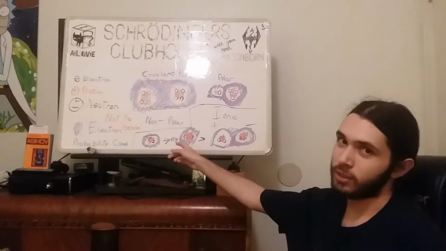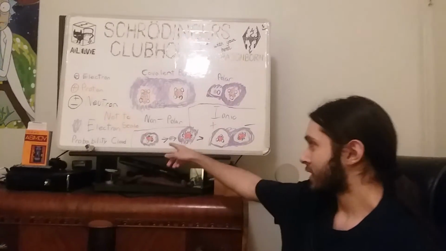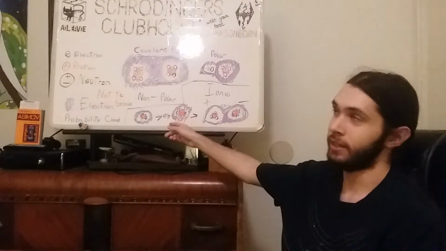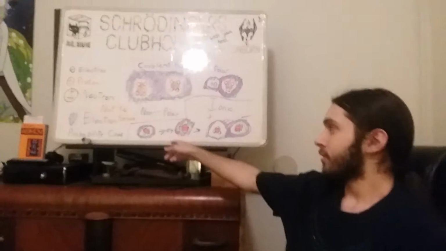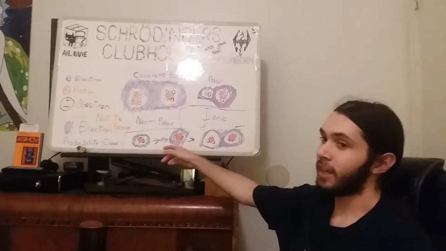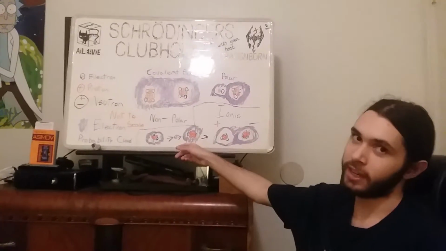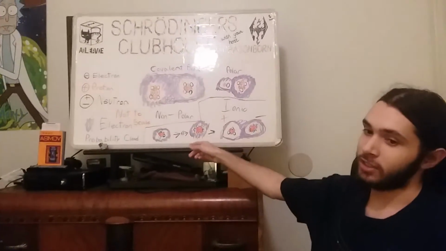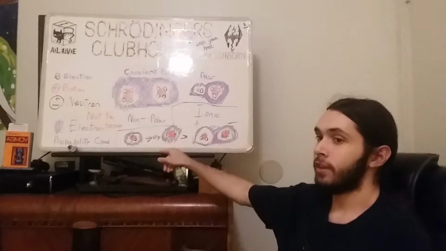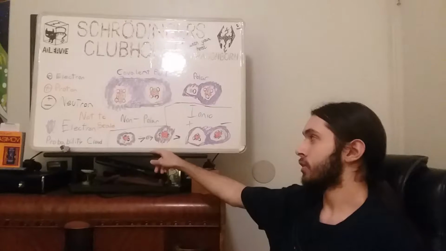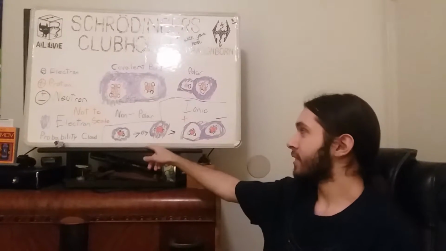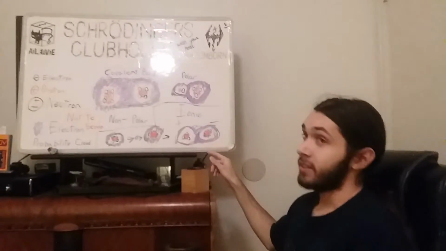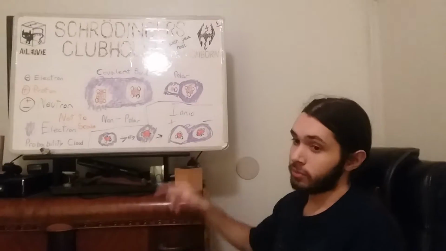When one atom comes across another, instead of sharing electrons equally or otherwise, as in the previous two types, this time one atom is so much more electronegative than the other that it basically rips the electron from the other atom and takes it for itself. This is what causes the imbalance of charge. Then one is positive, one is negative, so they're attracted to each other, and that's how an ionic bond forms.